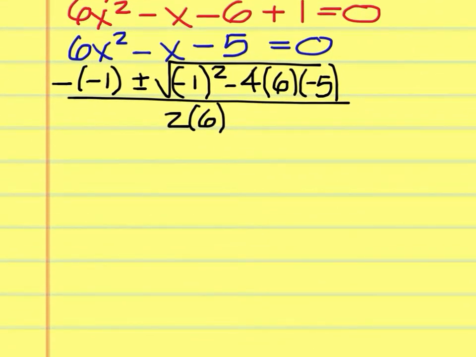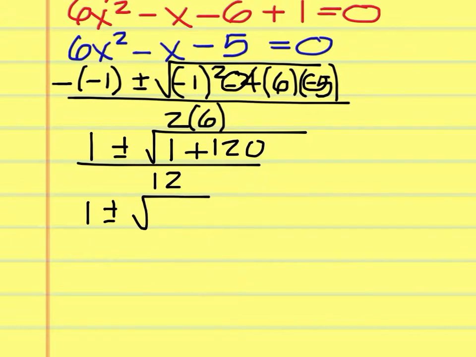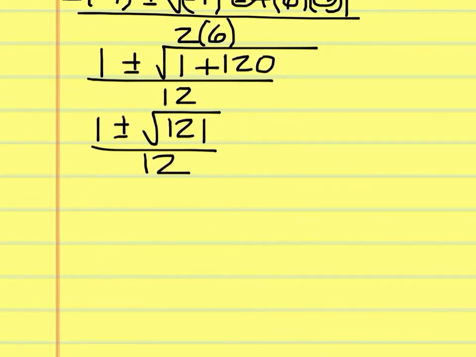So now we have 1 plus or minus the square root of 1 plus, due to this double negative, 5 times 6 is 30, times 4 is 120. So 1 plus 120 is going to give me 121. And then we can find the square root of 121 to be 11.